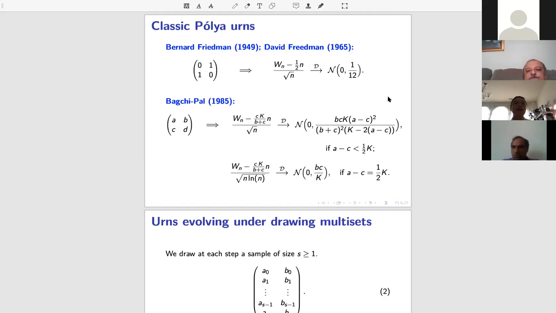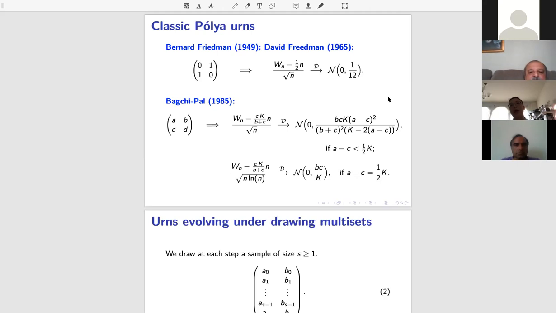So later on, a broad class of generalizations has been developed on classic Pólya urns, including a generalization from 2-color schemes to a scheme of multi-colors up to an infinite number of colors, and a generalization from sampling a single ball at each step to sampling a multi-set, and a generalization from using a homogeneous replacement matrix to using a time-dependent replacement matrix.